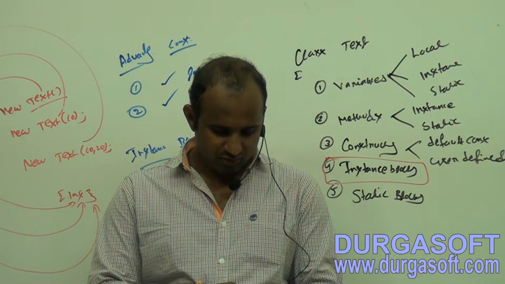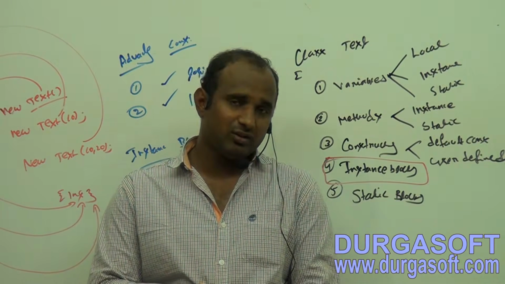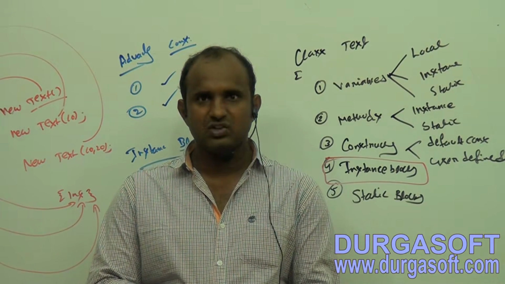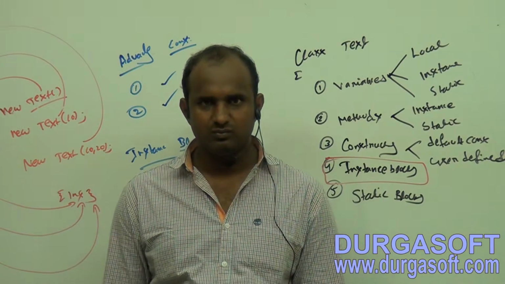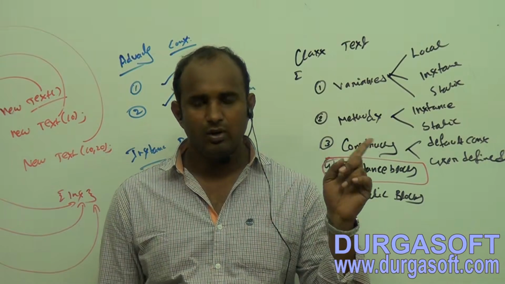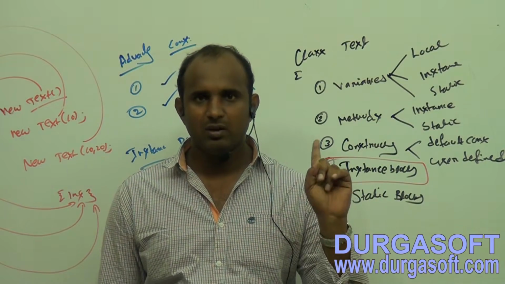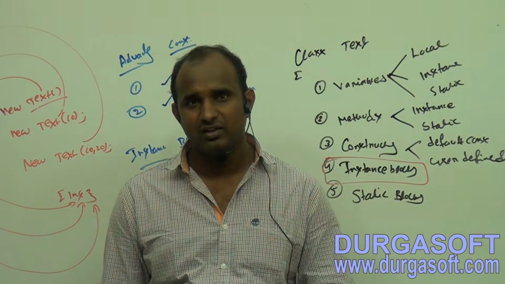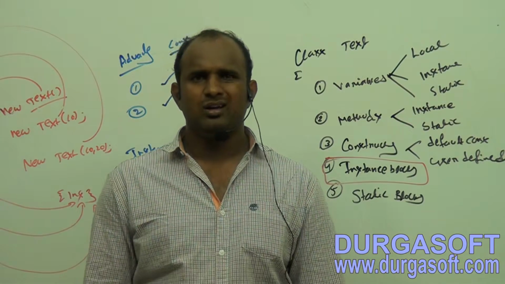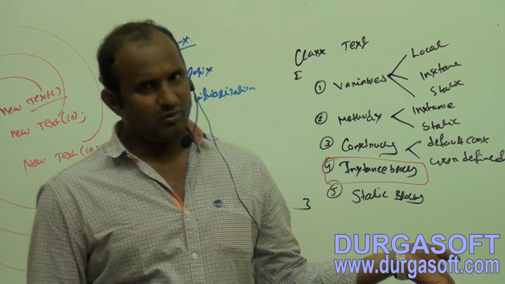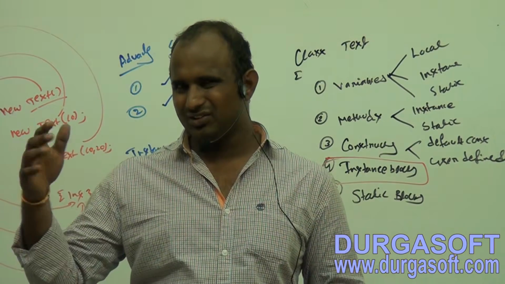Always, if anyone asks about instance block execution, first of all check how many objects we created. In this example, how many objects did I create? Only 1 object. Only 1 object is created, so how many times are instance blocks executed? Only 1 time. Constructor execution is not a factor.